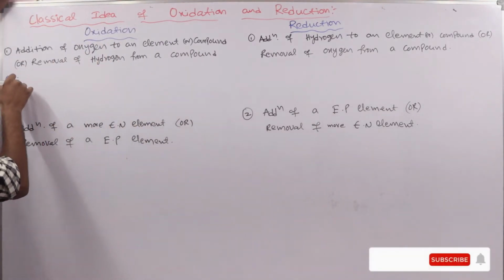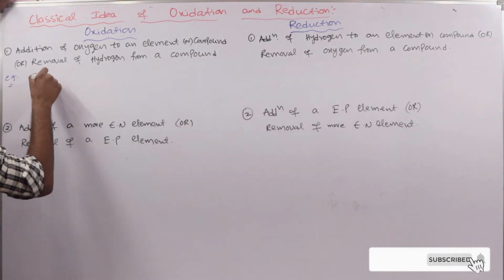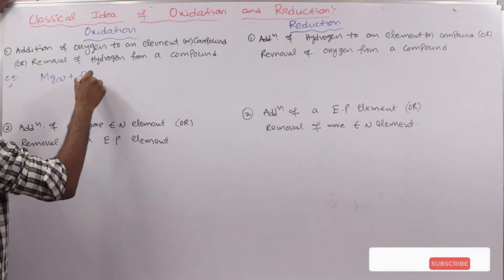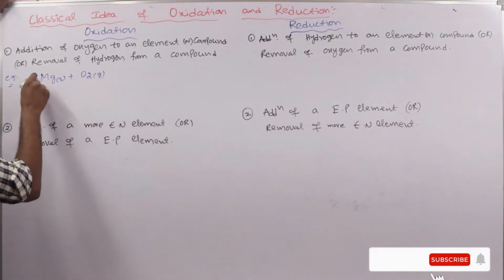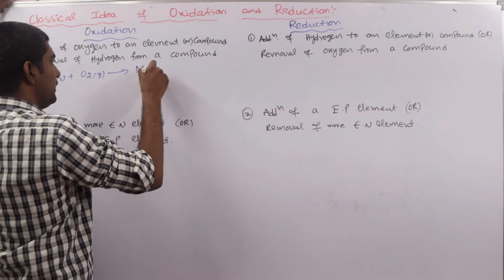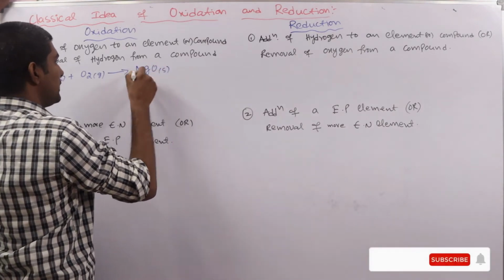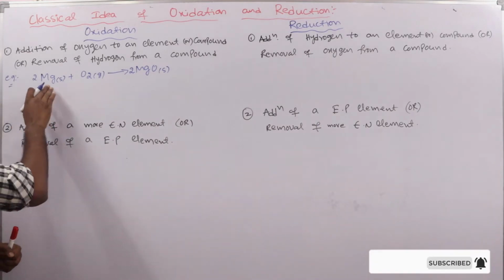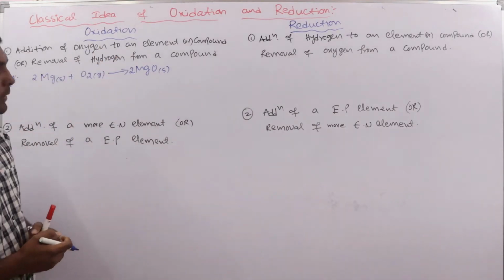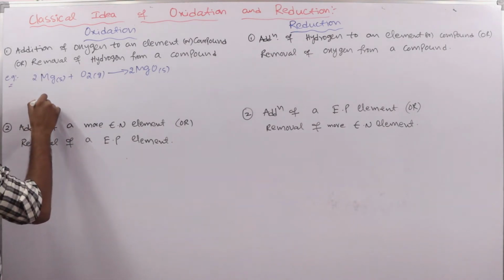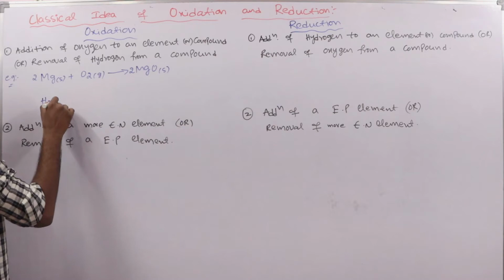Suppose we have magnesium. If we add oxygen, we get magnesium oxide. See, for this element we have added oxygen, so that's why it is oxidation. Another example we can take, suppose we have H2S.